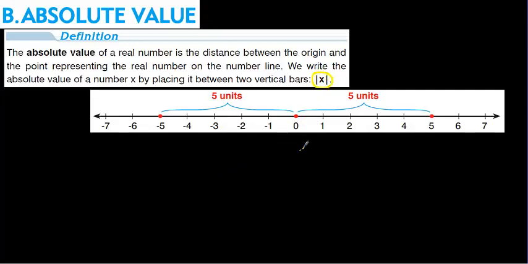Here x is our variable, and when I say the absolute value of x is equal to 5, x is a point which has 5 unit distance to the origin. There are 2 points which have 5 unit distance to the origin. One of them is -5, the other one is 5.